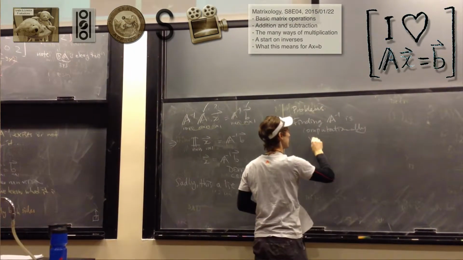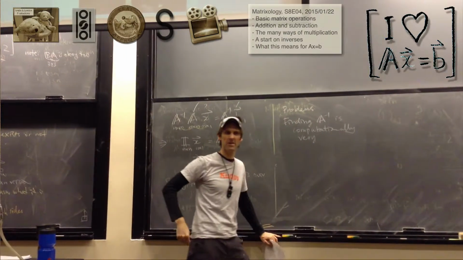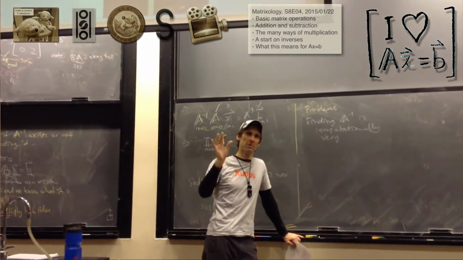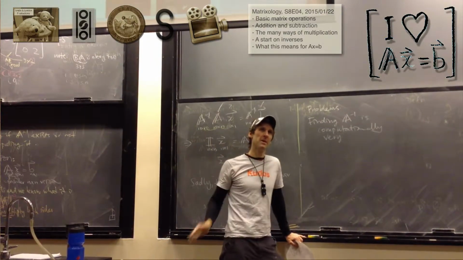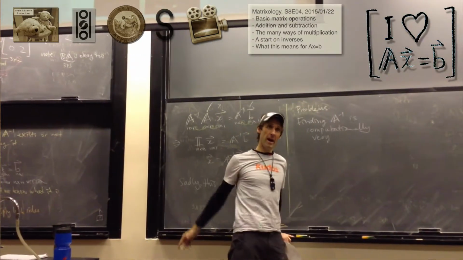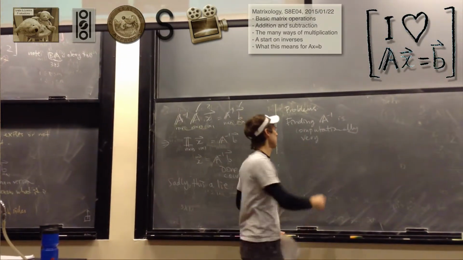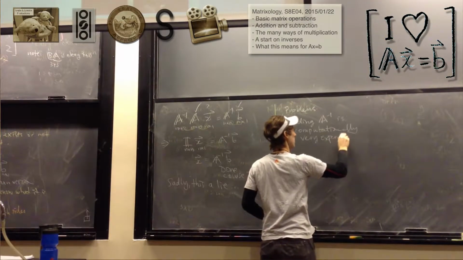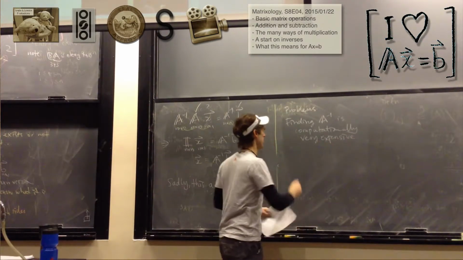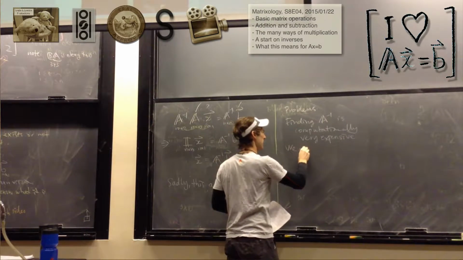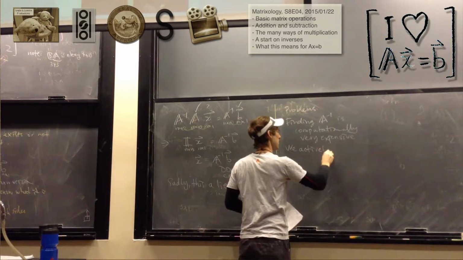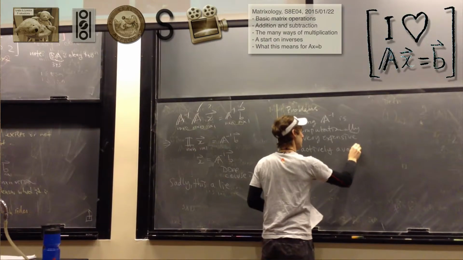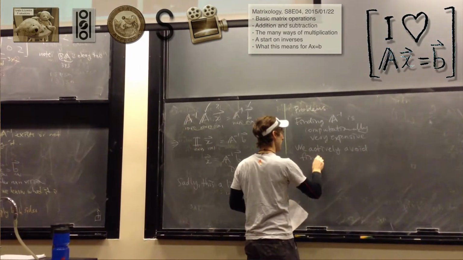If we're in a more technical or more numerical class, I know you're doing MATLAB, we can talk about it. We can figure out how this computation scales as we go up through n. Computation is very expensive. So we want to avoid it. Actually, we actively avoid finding A to the minus 1.